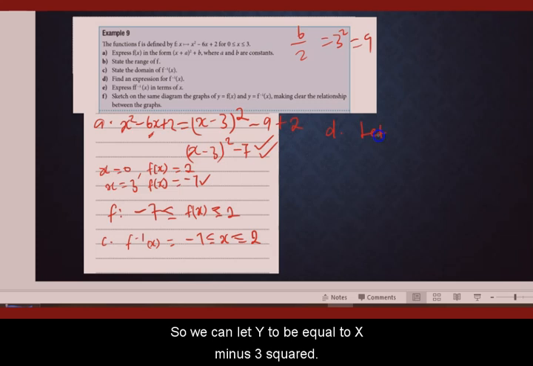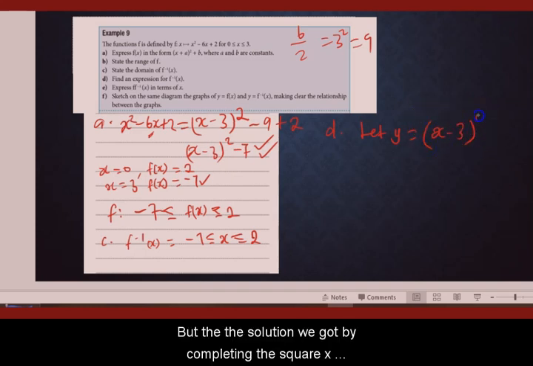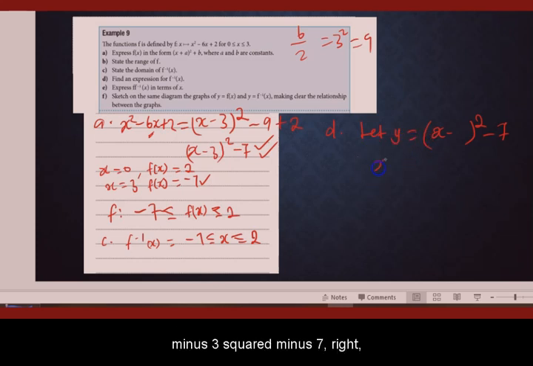We can let y be equal to x minus 3 squared minus 7, the solution we got by completing the square, such that x is equal to y minus 3 squared, minus 7.